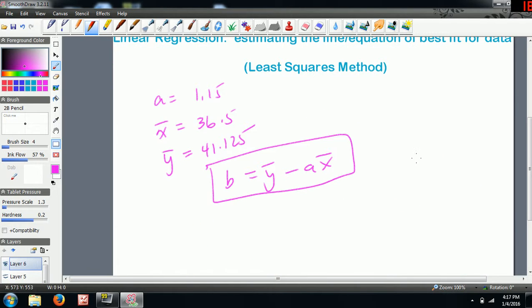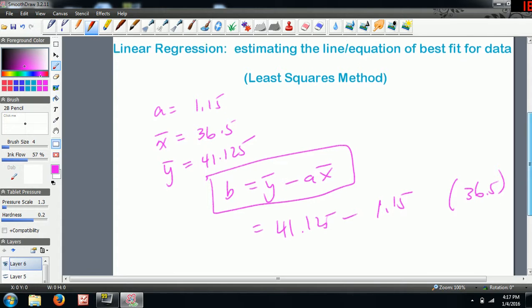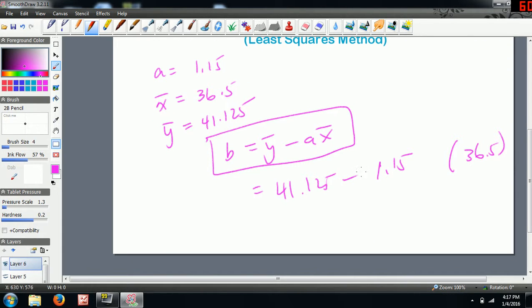So formulas are consistent in math, they don't change. So now we're going to plug these values in to find our b. So y bar is 41.125 minus a, which is 1.15 times x bar, which is 36.5. So when you multiply them out, multiplication first, then subtract, you get negative 0.85.